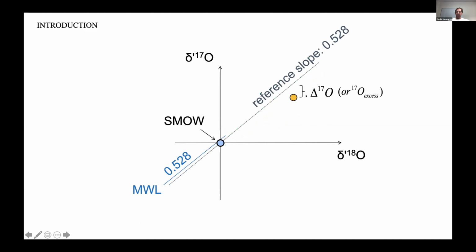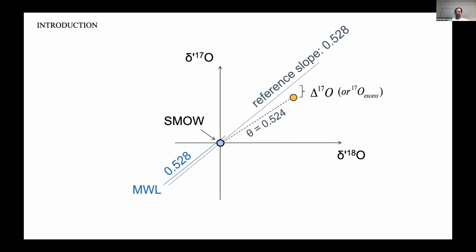That's why we use the cap delta notation, which is the offset from a reference slope. The reference slope I'm using here mostly is 0.528, but I sometimes still have plots with 0.5305, or even the normal delta notations.